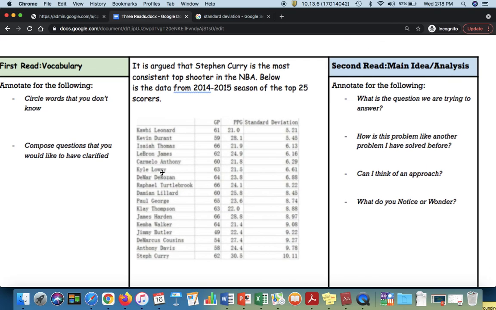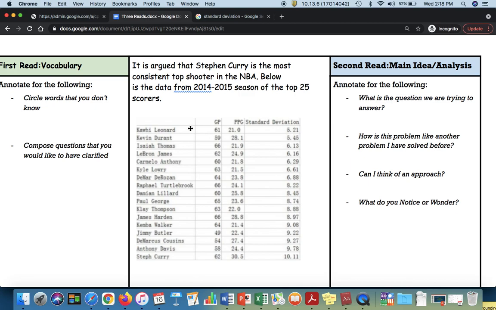So if I take a look at it, right, we have games played following the basketball player's name, points per game, and then the standard deviation.